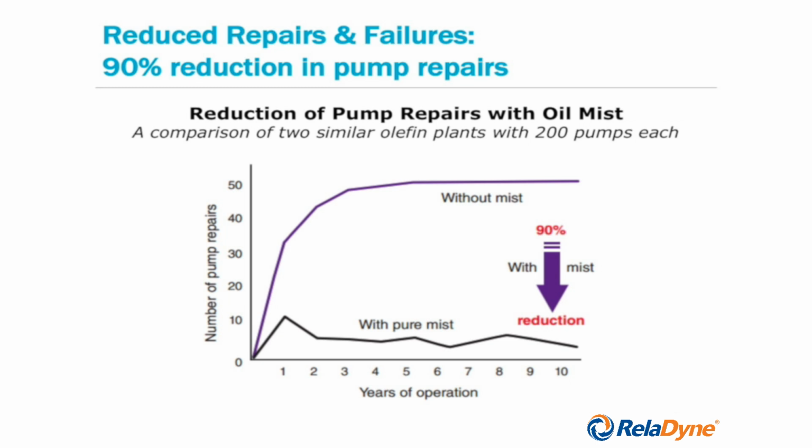And in one particular year, it reached something in the vicinity of 50 pump repairs in that year. But with pure oil mist, the sister plant reduced its failure rate by a full 90%. And you can see that on the lower graph, where on average we had perhaps only 6 or 7 pump repairs on a per year basis.